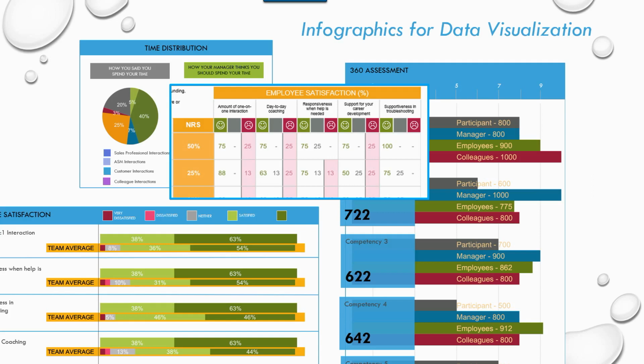Things that we might be able to do to help improve employee satisfaction are going to come out really in that unhappy, that sad face column. And so we want to highlight those. And so we can use formatting to highlight important information, draw the eye towards where we want the reader to really focus their attention. So infographics can help you do that.